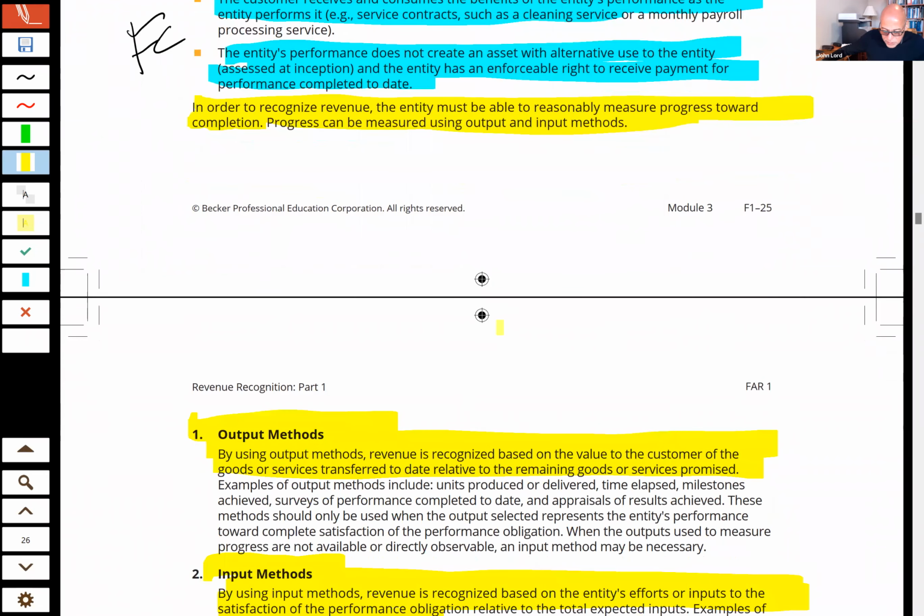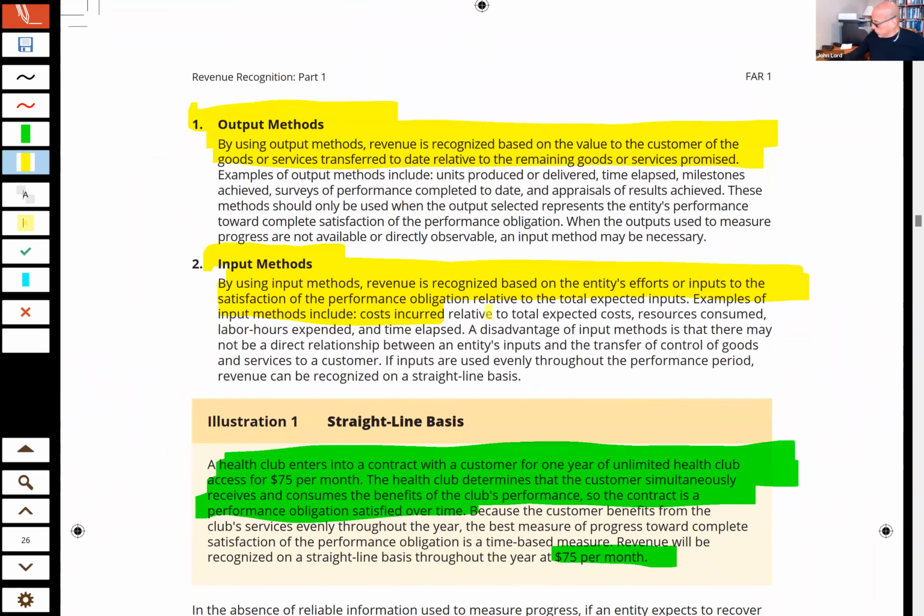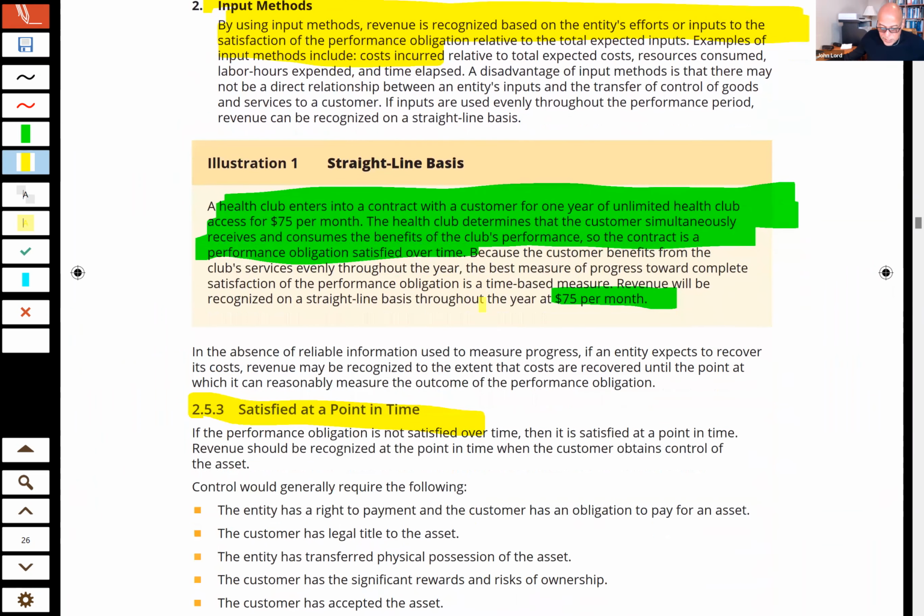But let's come back and take a look at this question here, satisfied at a point in time. Control would require the following. The performance obligation is not satisfied over time and is satisfied at a point in time, and revenue would be recognized at the point in time when the customer obtained control of the asset.